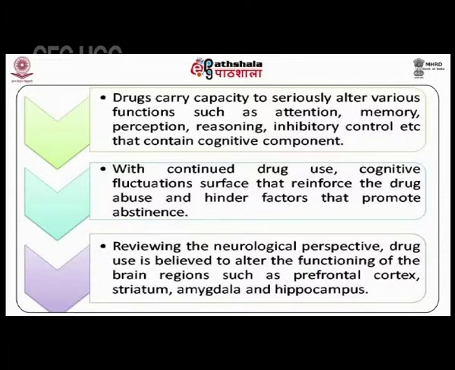promote abstinence. Reviewing the neurological perspective, drug use is believed to alter the functioning of brain regions such as the prefrontal cortex, striatum, amygdala and hippocampus.